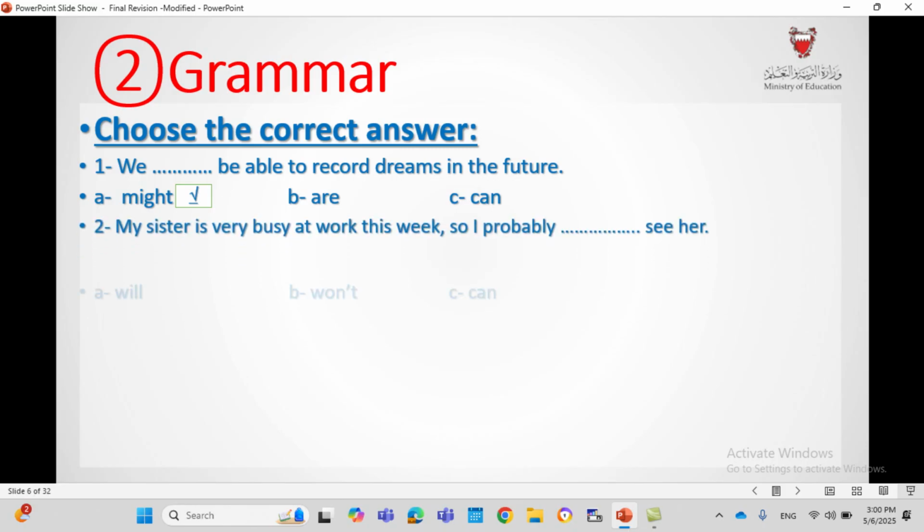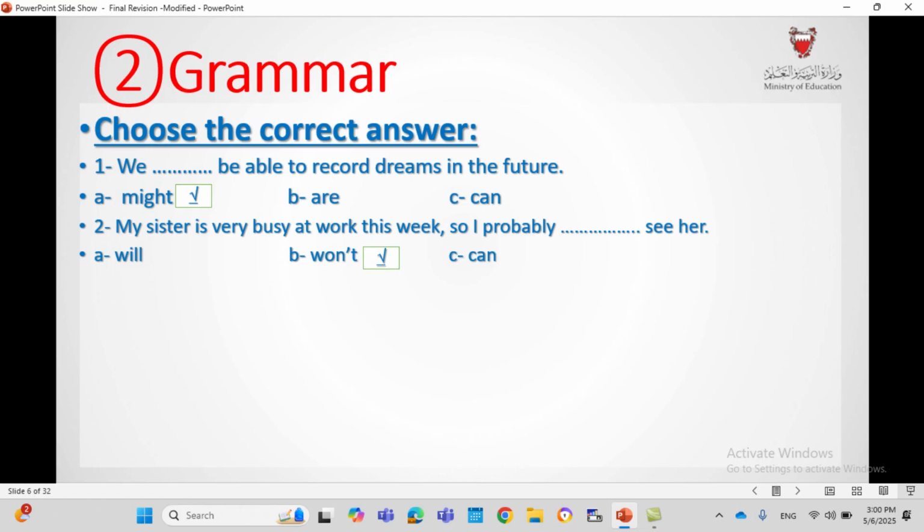Let's come to the second one. My sister is very busy at work this week, so I probably blank see her. We have 3 choices. I probably will see her, won't see her, can see her. Let's guess. So the logical answer is I probably won't.